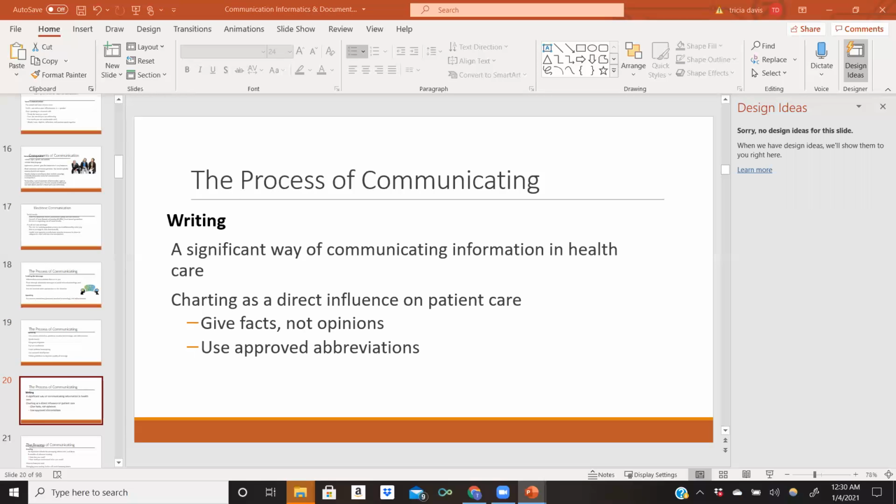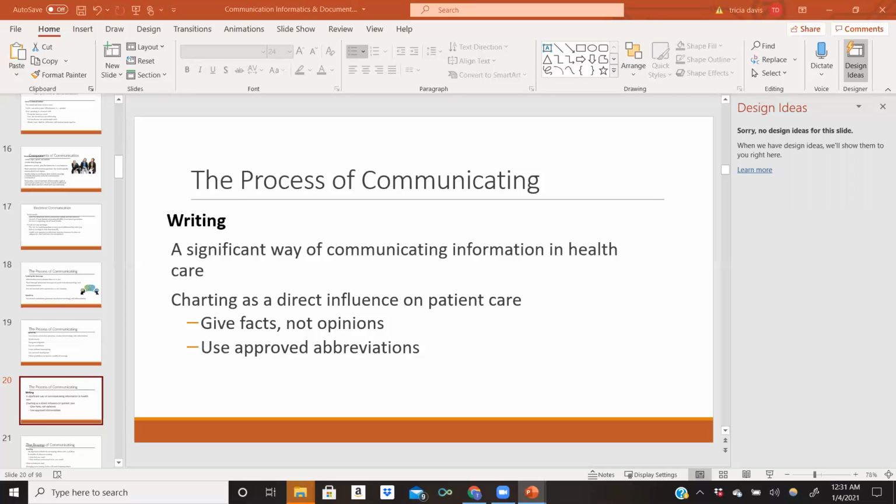So if Mr. Jones has called you 4 times in the past 2 hours for pain medicine, and you gave him medicine an hour ago, and he still says his pain is a 10 out of 10, it's not working, your note may sound something like, Mr. Jones received 650 milligrams of Tylenol at 11 a.m. The patient has since called out 2 times stating that his pain is still a 10 out of 10.